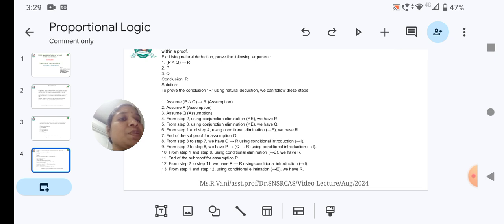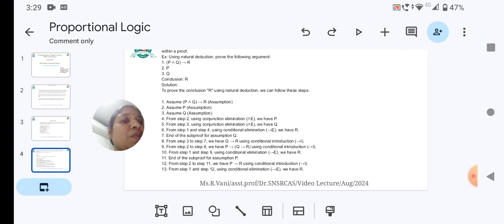From steps 2 and 3 we derive P and Q. From steps 1 and 4 we eliminate the conjunction. Then we derive R. At the end of the subproof we assume Q as a result. From steps 3 to 7 we derive Q implies R using conditional introduction.